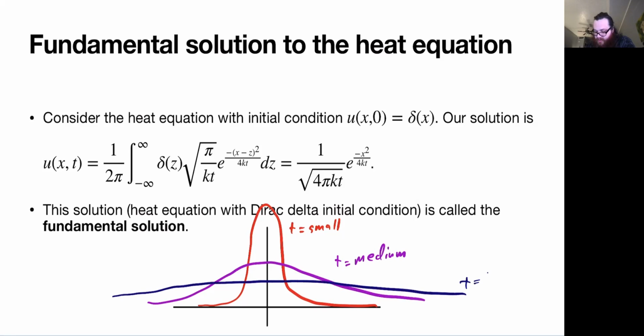And so this might be t large. This is just sketching the profile of the heat equation with an impulse initial condition as t increases. Which matches our intuition. We'd expect that heat diffuses away from a source and spreads out in space.